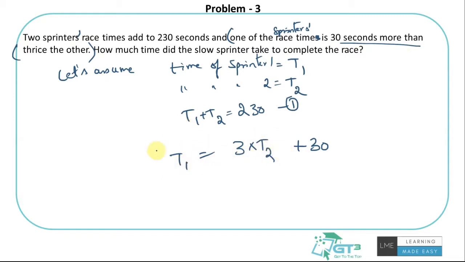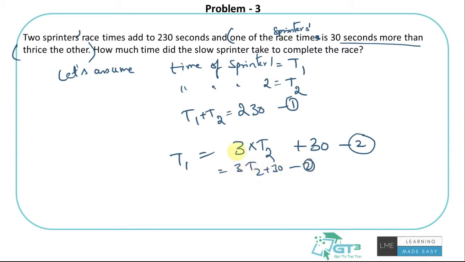So the time taken by sprinter 1, T1, is equal to 30 more than thrice sprinter 2, that is 3 into T2. This is my second equation: 3T2 plus 30.